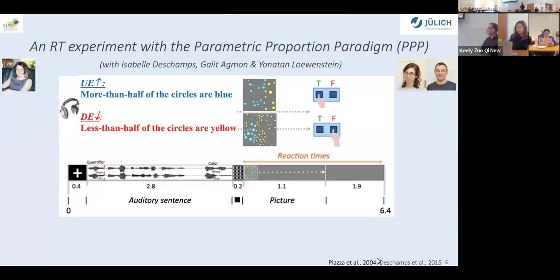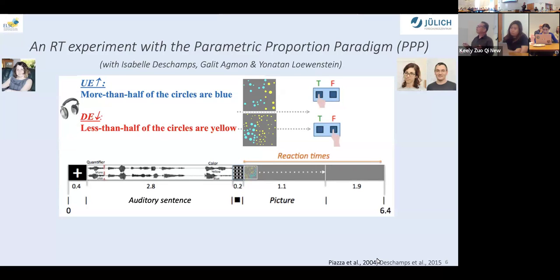contributed. Okay, so this experiment was done by Isabelle Deschamps and Galit Agmon, but also Jonathan Levinstein, my closest, perhaps, collaborator in Jerusalem, who's a computational neuroscientist, participated as well. And the experiment was relatively simple, except the design ended up being complicated. So I'll begin by describing what each trial looked like.